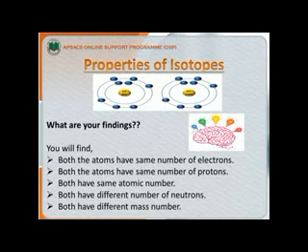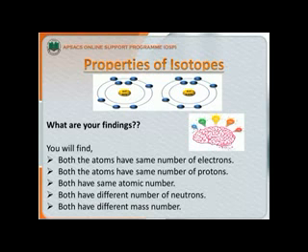Next, both have different numbers of neutrons. Dear students, you can see in the diagram, one of the atoms has 8 neutrons, while the second atom has 10 neutrons.